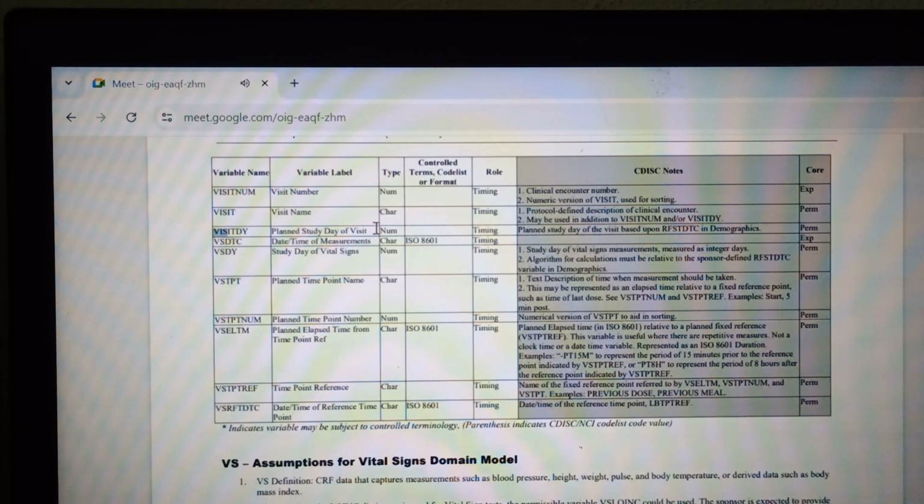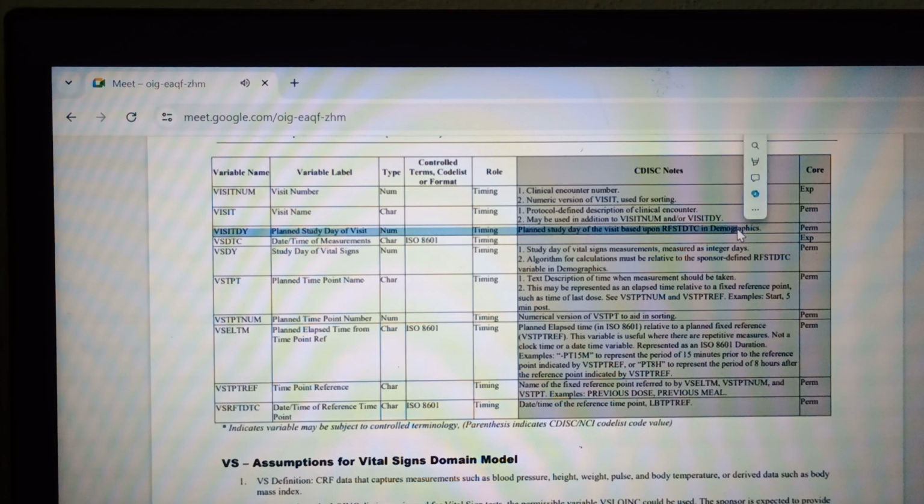Visit day is based on the protocol, where they plan that, let's assume, the study is going to be conducted over 1 year. With respect to day 1, minus 14 days is the screening visit. From there, there are many visits. Visit 1 will happen in 1 week, visit 2 will happen after 2 weeks, visit 3 will happen after 2 weeks.